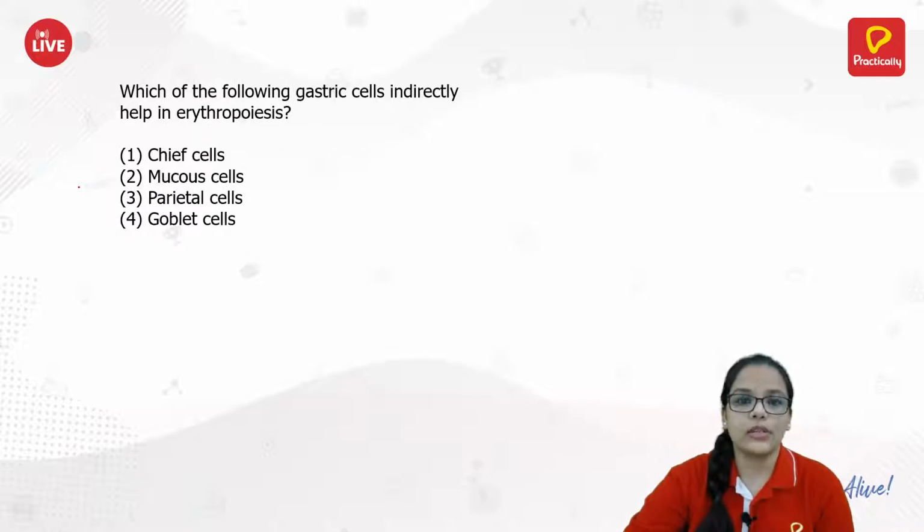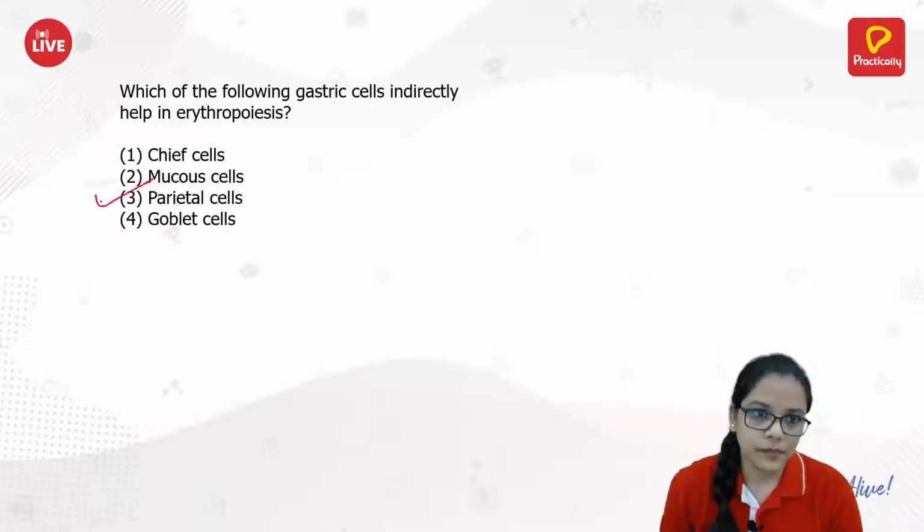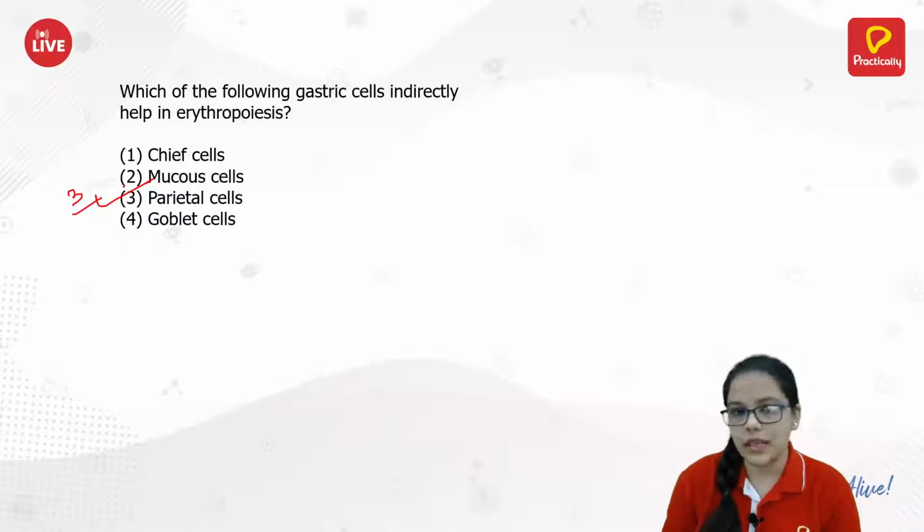Which of the following gastric cells indirectly help in erythropoiesis? That is parietal cells. It is a source of HCl.